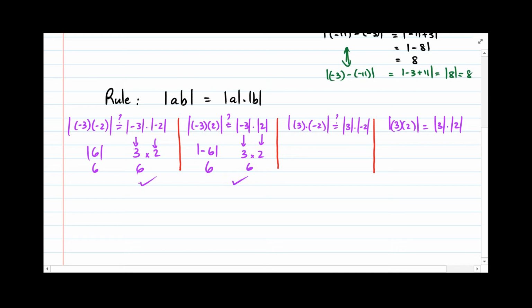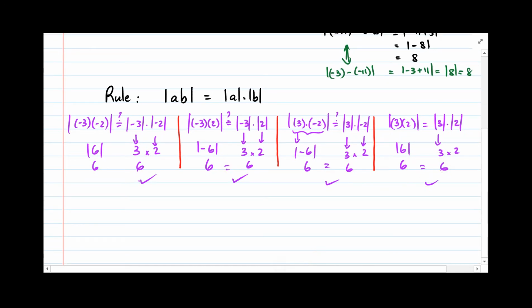So again, it didn't matter that one was positive, one was negative. Same thing here. We have the absolute value of negative 6, which is 6. This is 3 times 2, which is 6. Fine here. The absolute value of positive 6 is 6. Each of these is just our usual numbers, 3 times 2, which is 6. So everything works, and we can conclude that this rule is true.